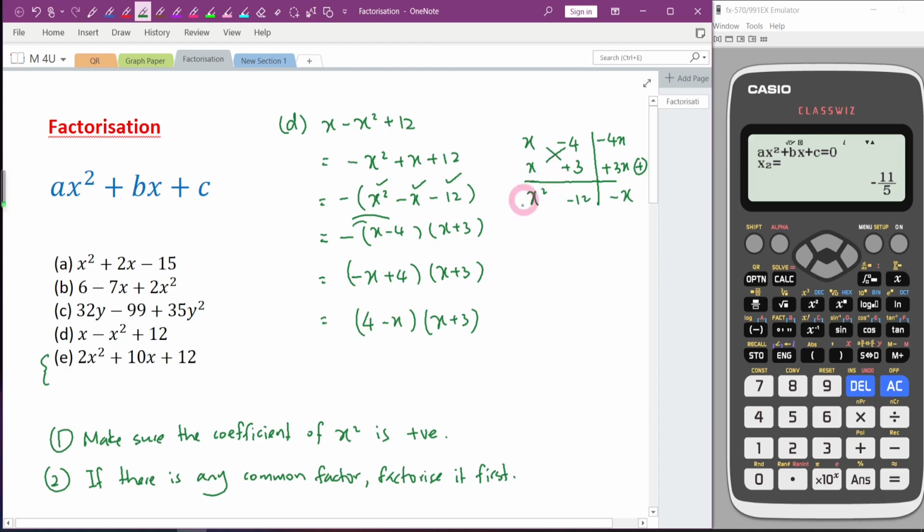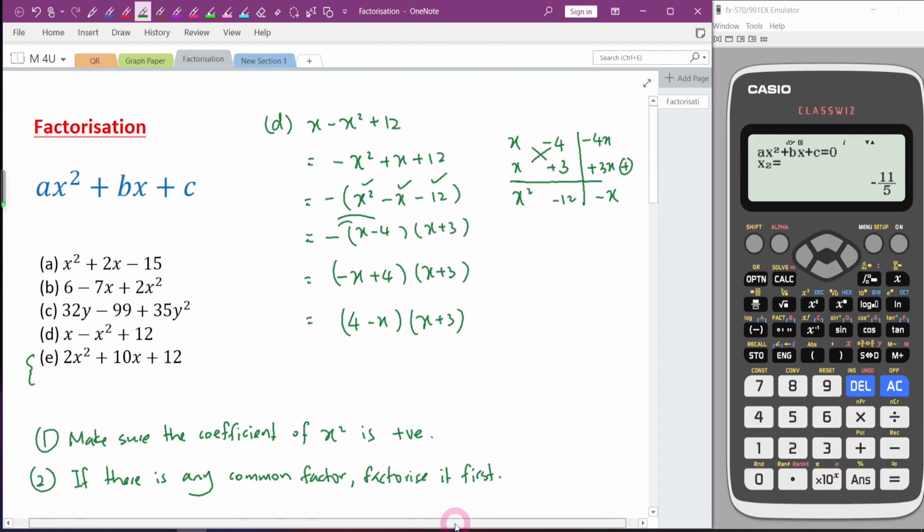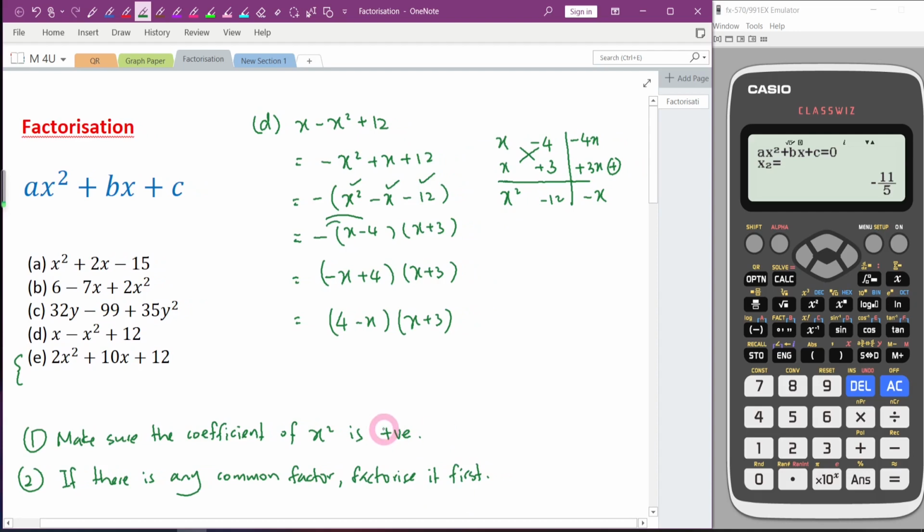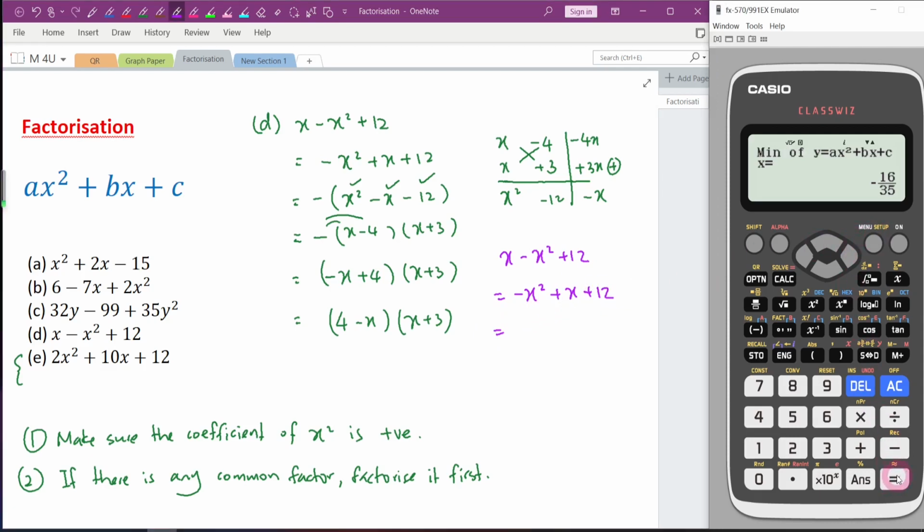So how do we use our calculator? To use our calculator, you need to be more careful. Always pay attention to these two things. Now, let's say I rearrange the terms to become like this, and I straight away go to the calculator, key in negative 1, equal, positive 1, I just need to key in 1, and 12 equal.